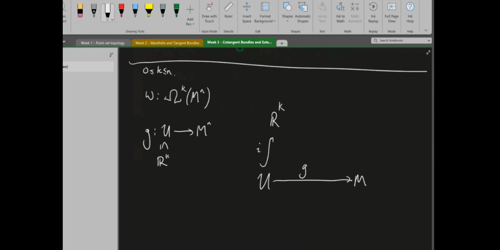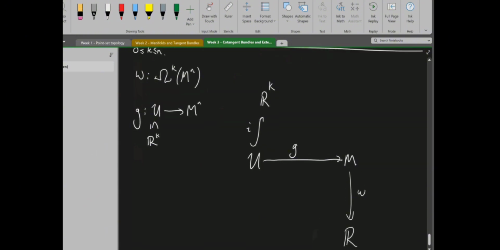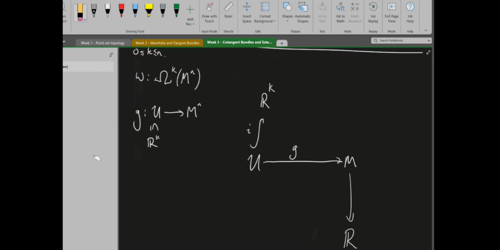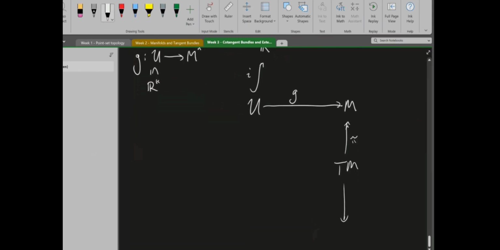You also have a differential form, which maps you down to R. This is called omega. I should be more careful. That should map you from the tangent bundle. So this is the bundle map. You have the differential form coming out of here and mapping you to R.